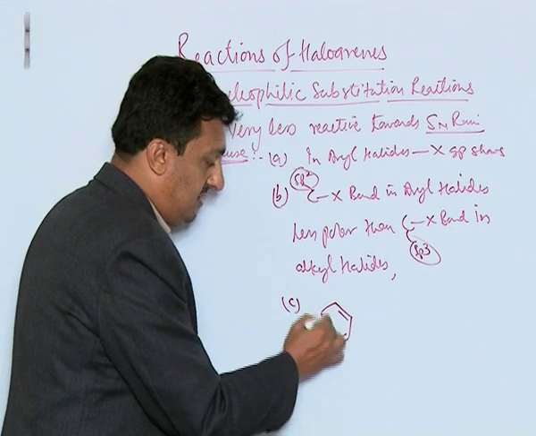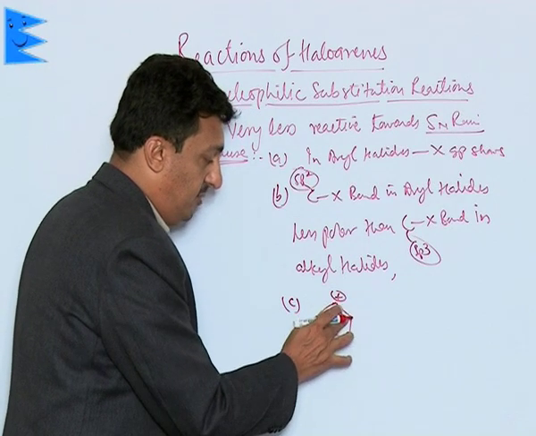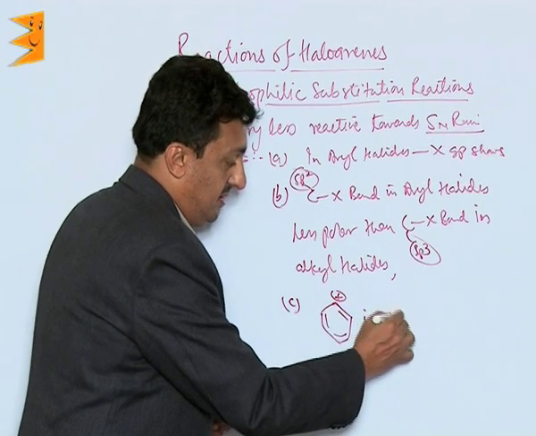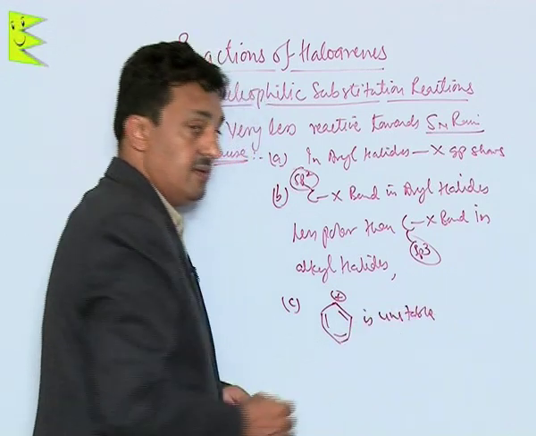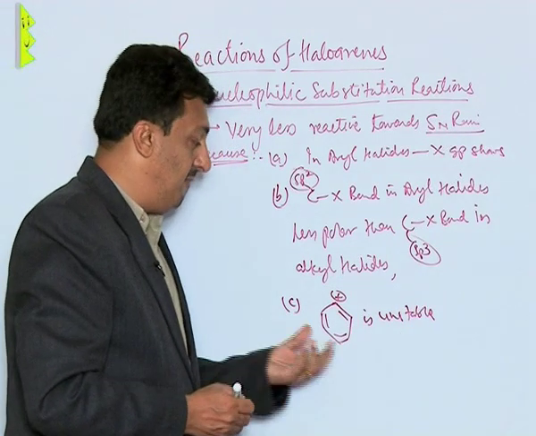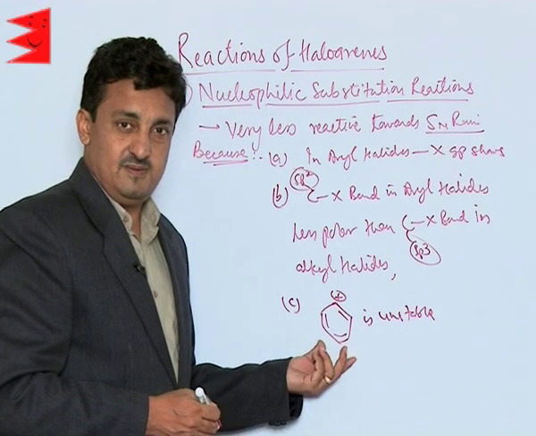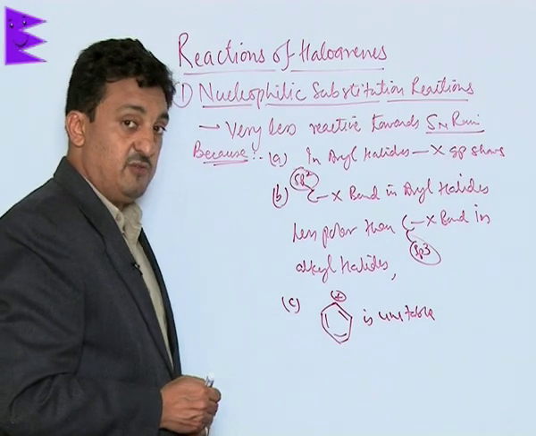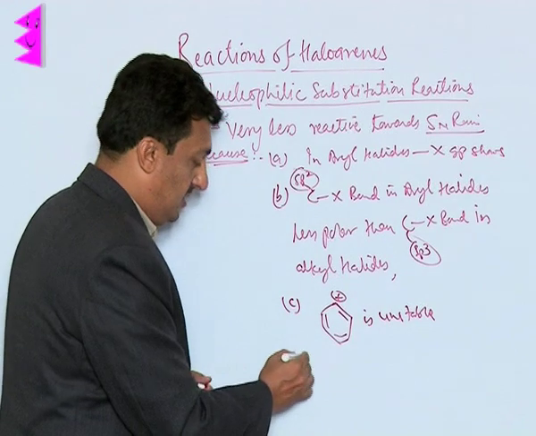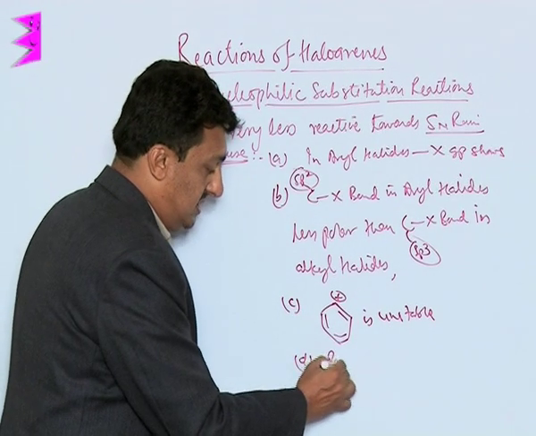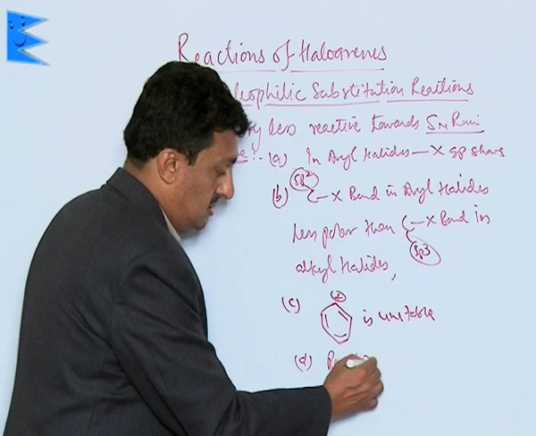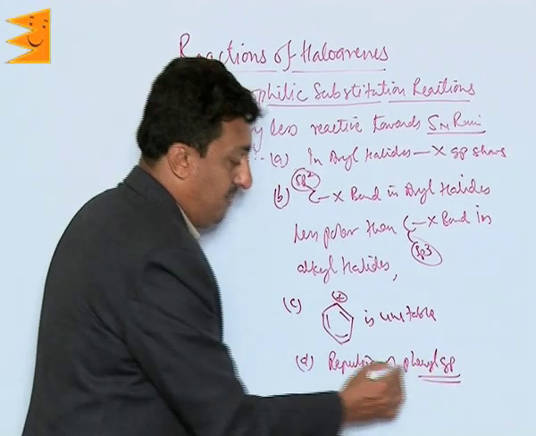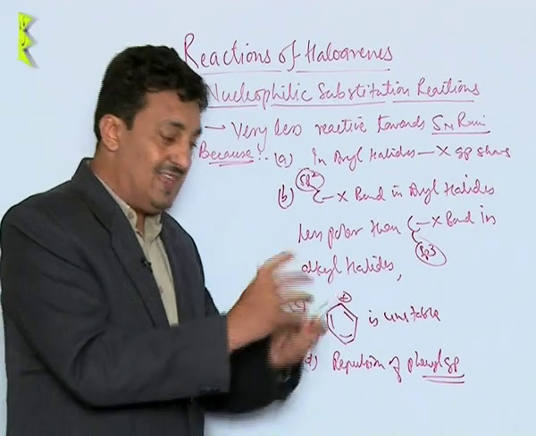There is one more reason. The arene carbocation, which we assume if formed, is like this. This is unstable if it is formed. So this arene carbocation formed will be very unstable. That's another reason for lesser reactivity toward nucleophilic substitutions. Another is repulsions of the phenyl group or benzene ring, because the benzene ring has a high electron density.